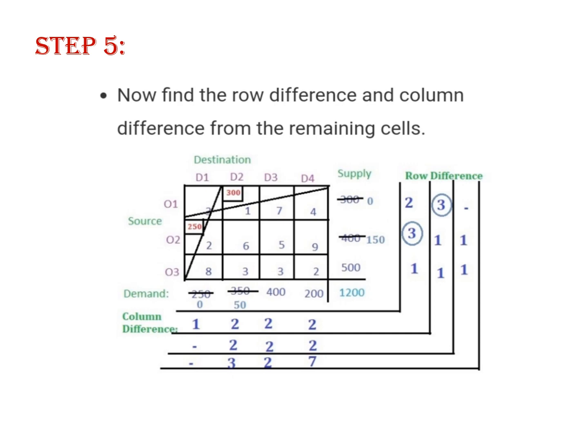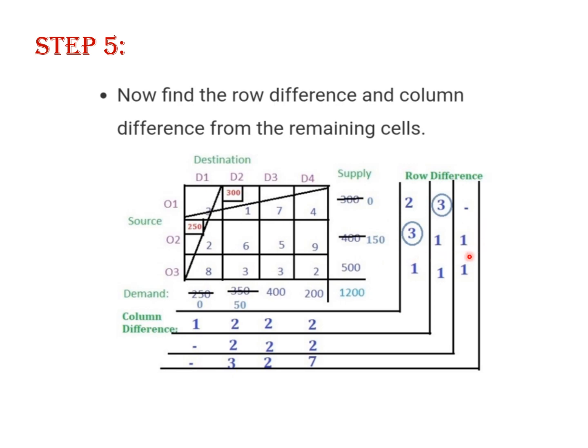Next, to find the row difference and column difference from the remaining cells. Here the column differences are 3, 3, and 7. Here first row is crossed.